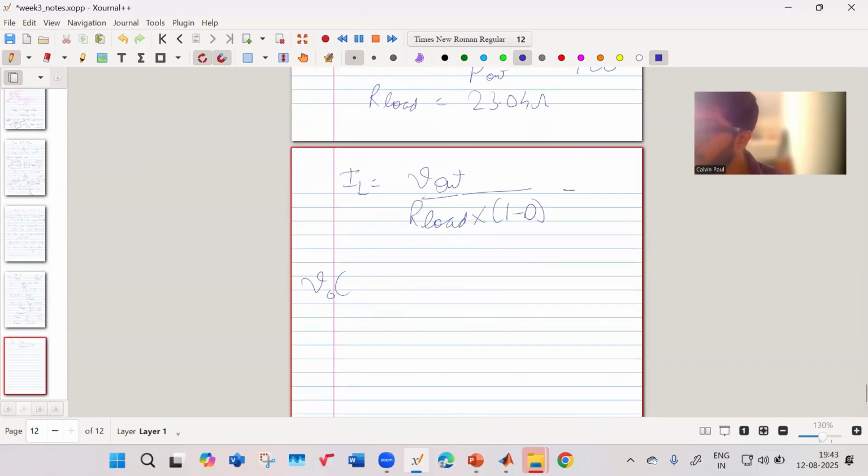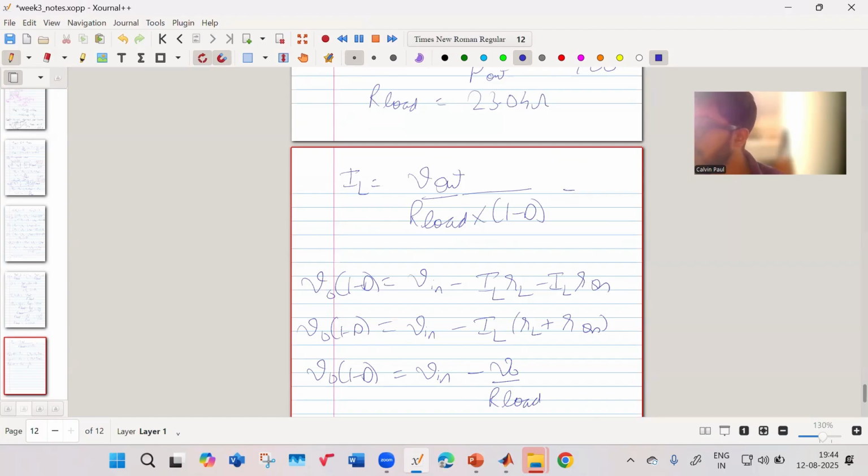We have V output into 1 minus D is equal to V in minus IL RL minus IL R on. So this is V in minus IL into RL plus R on. This is your V output into 1 minus D. So V output into 1 minus D is equal to V in minus V output upon R load into 1 minus D into RL plus R on.